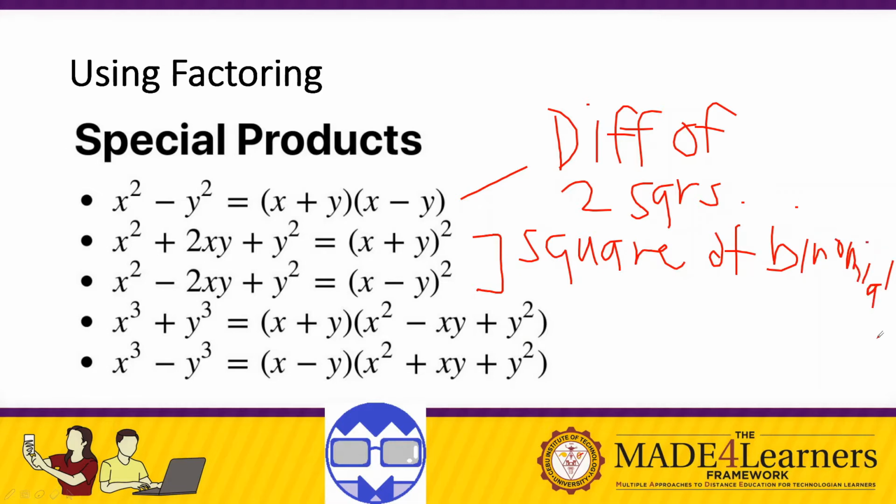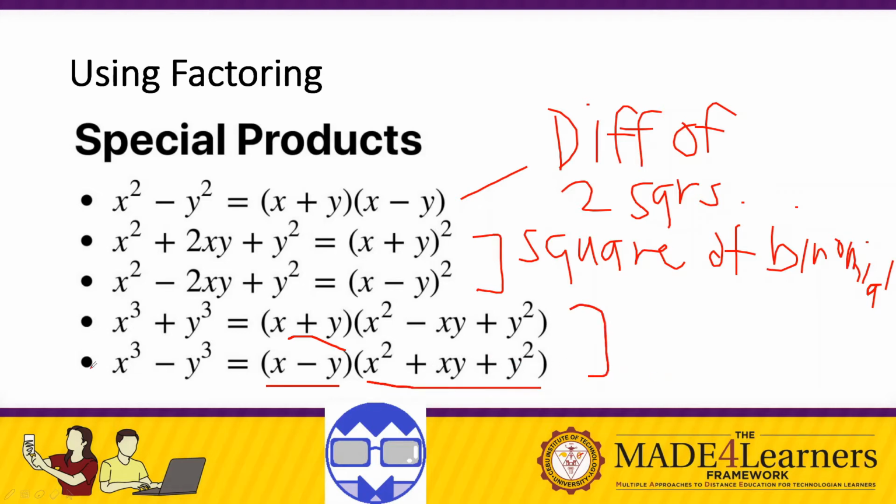And lastly we have x cubed plus y cubed equals the quantity of x plus y times the quantity of x squared minus xy plus y squared, and x cubed minus y cubed equals the quantity of x minus y times x squared plus xy plus y squared.